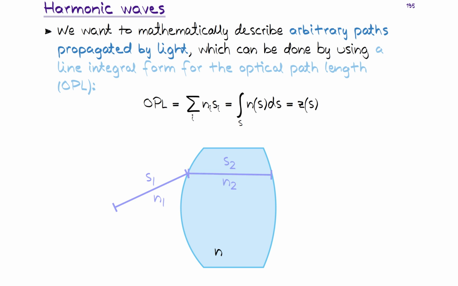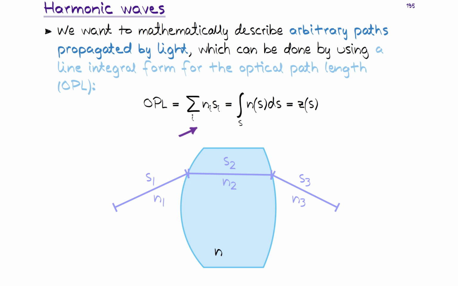Then I'm traversing through the lens over a distance of S2, and now the refractive index here would be N2, denoted this way to comply better with the summation formula. Finally, my final trace of a ray would end at this point, in a refractive index profile of N3, and the distance would be S3.